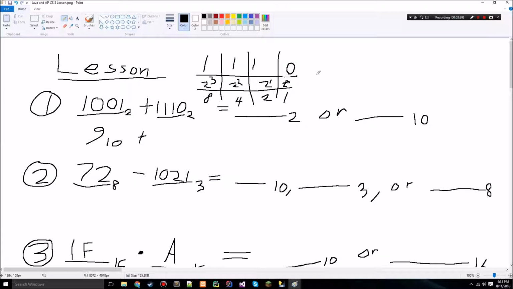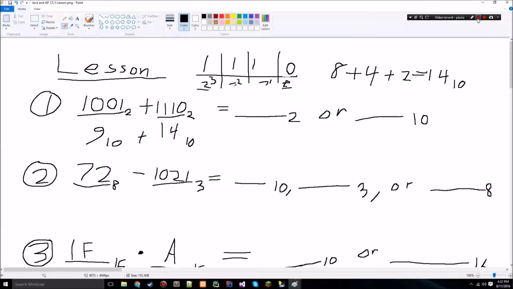So 8 times 1 is 8, plus 4, plus 2. That gives us 14 base 10. We put that down here. Alright, let's clean this up a bit, and then we can finish this problem.